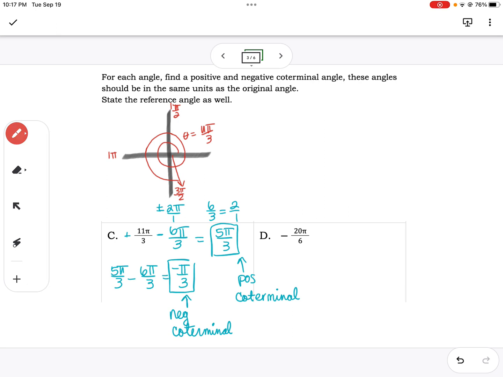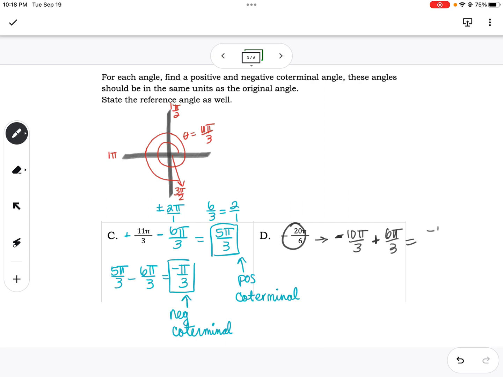Okay. Last one I'm going to do for you, and then you guys are going to take some time to just practice. So first off, anytime you get a fraction, I'm looking at D, and 20 over 6 doesn't feel right. Let's reduce that. Negative 10 pi over 3. All right, already we have a more manageable angle to deal with. Now, just like the last one, we're over 3, but this time we have a negative as a starting point, so I'm going to add instead, and I'm going to add 6 pi over 3.